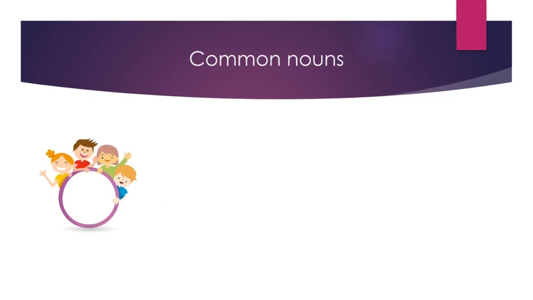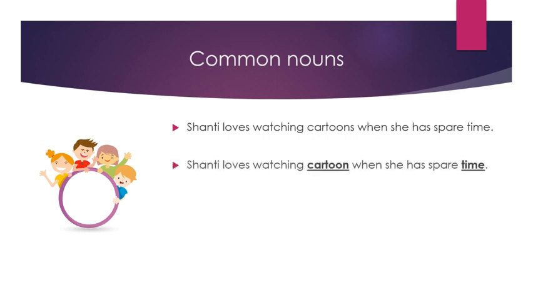Still on common nouns, let's look at more examples. Shanti loves watching cartoons when she has spare time. Have you identified the common nouns in the sentence? Let's look at the answer. Shanti loves watching cartoons when she has spare time.